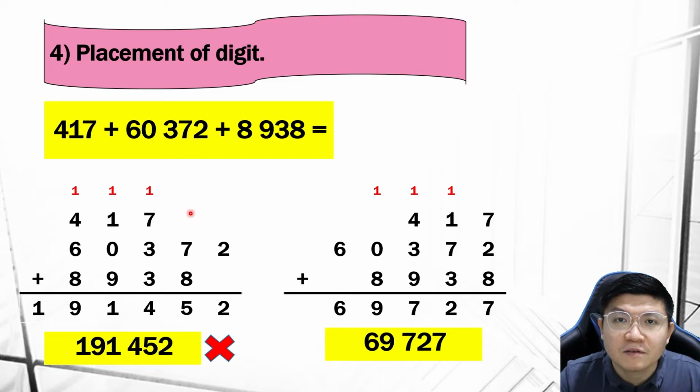Why is the left-hand side wrong? Because the placement of the digit is wrong here. You should be starting the digit from ones here. Everything starts from ones and then followed by tens, then hundreds and so on, right? Remember the placement, very important. If you arrange wrongly, then the answer is also wrong.